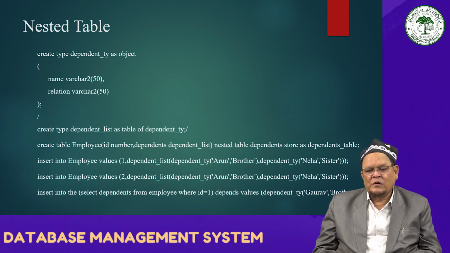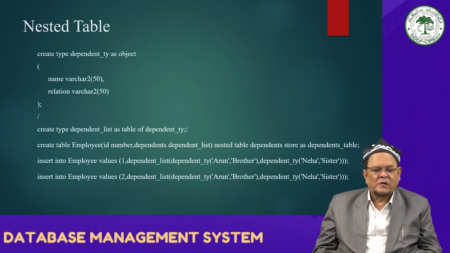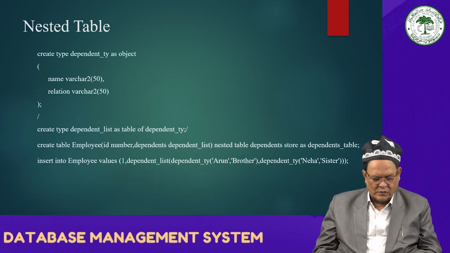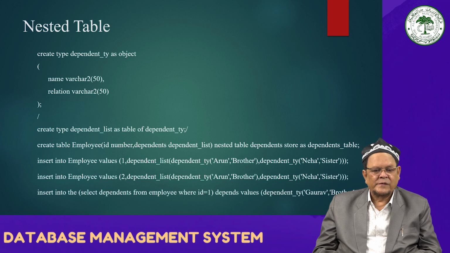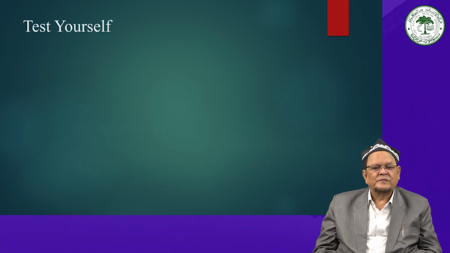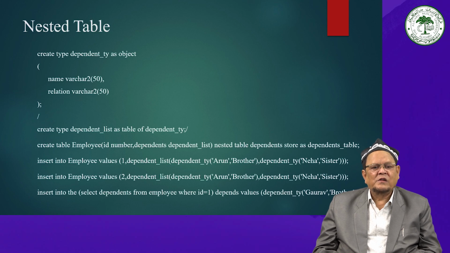Dependent value, dependent_ty, Gaurav and brother. In this way, you can add values, and I hope you will understand nested tables.